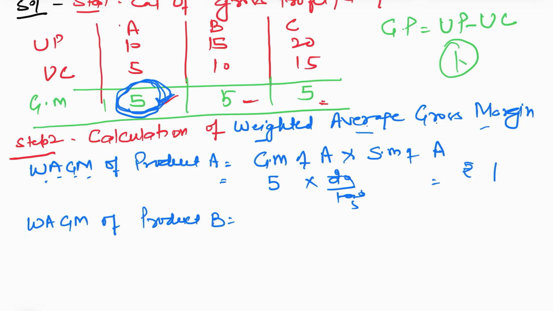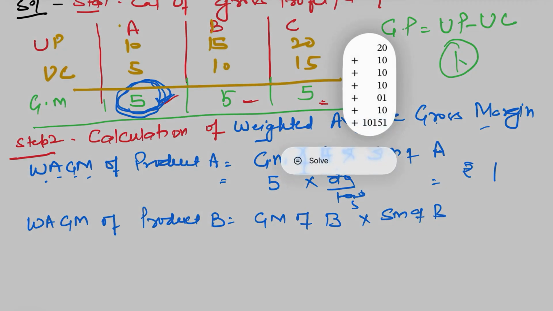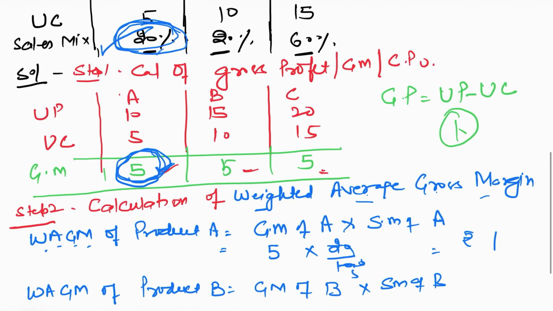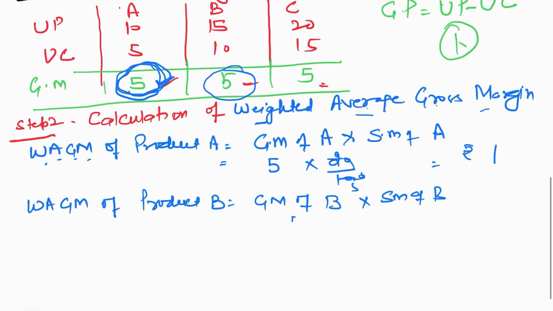But during practice you can do that. So WAGM of product B is gross margin of B multiplied by sales mix of B. What is the gross margin of B? 5, and sales mix of B is 20%. 5 multiplied by 20%. Again I got rupee 1.